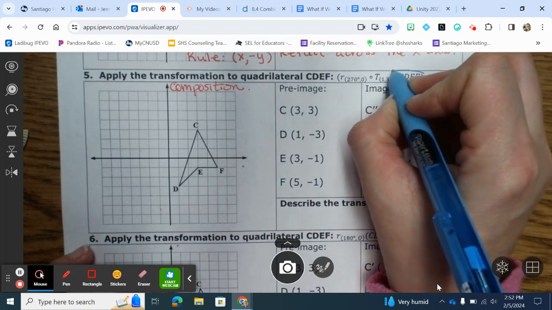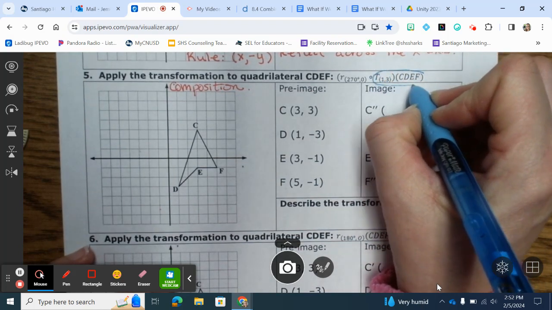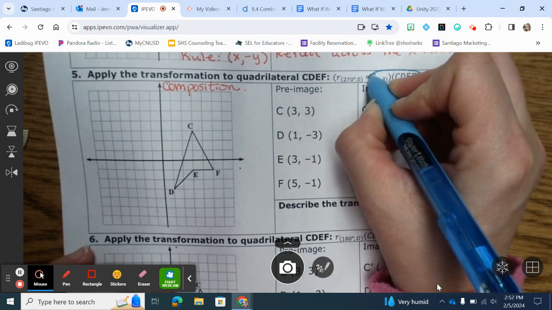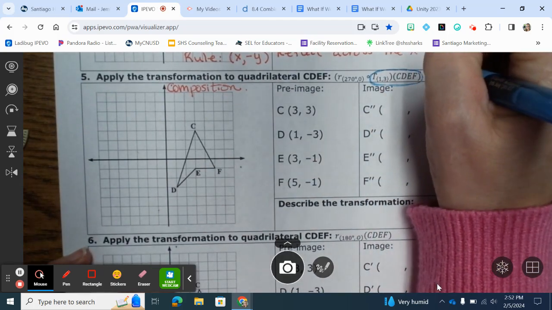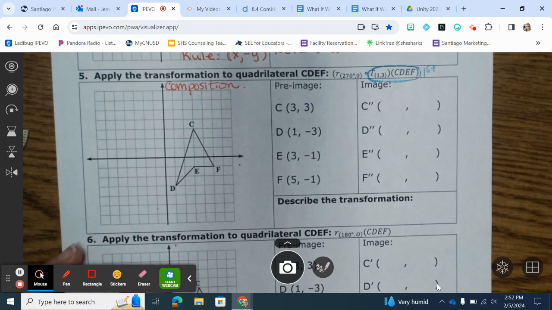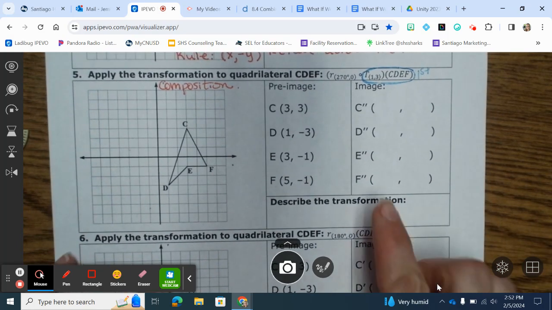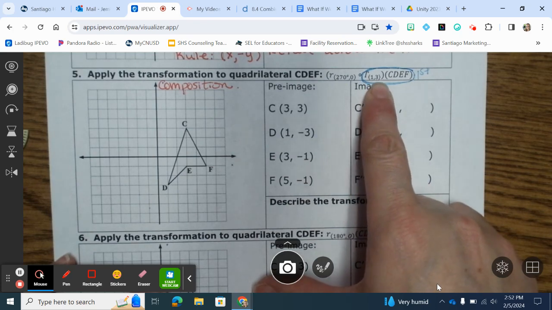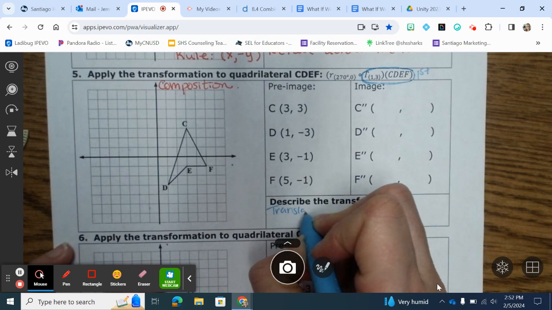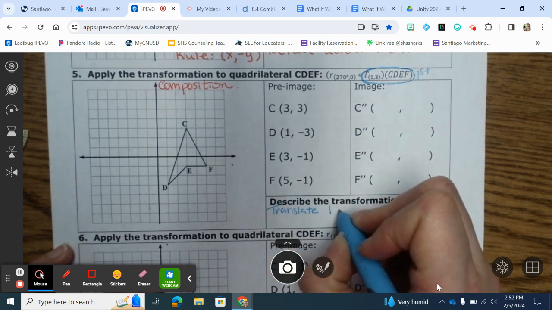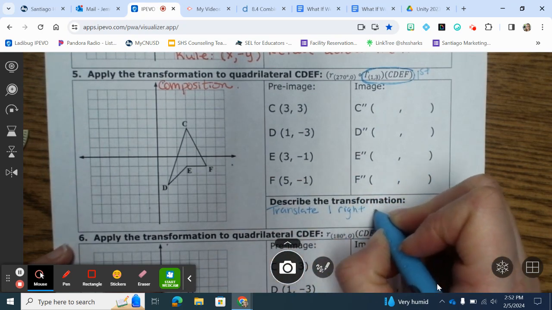All right. When I'm doing transformation or composition, I want to do the inside function first. So first, I'm going to translate. Remember, the 1 is the x direction, the 3 is the y direction. So I'm going to translate 1, that's positive, so it's going to be right.